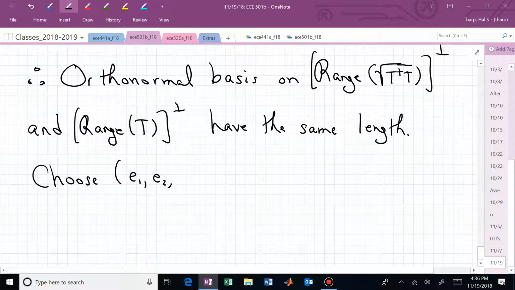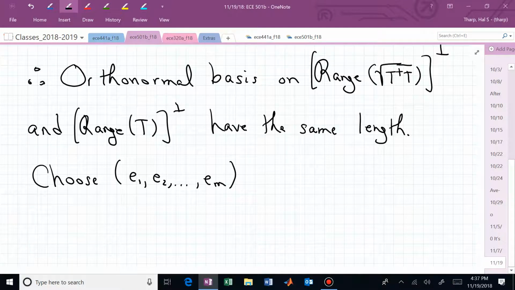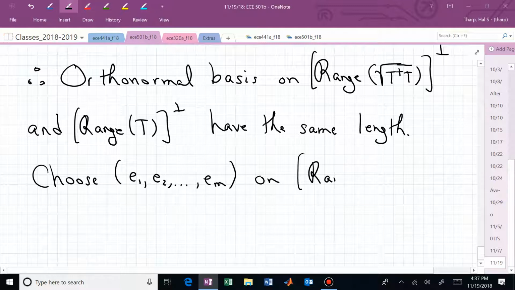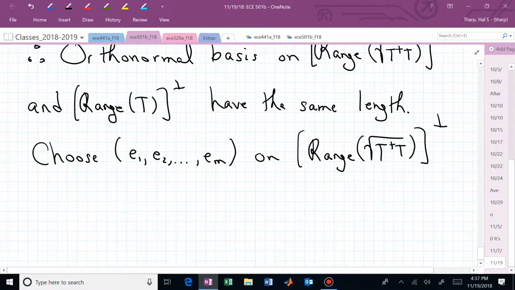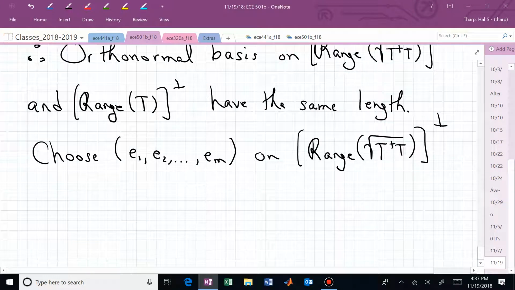So now let's choose E1, E2, up to E sub m, where m before we said was 4 in our example. Let's look at that one being the basis on the first one, the orthogonal complement of the range of the square root of T dagger T. And let's choose another.